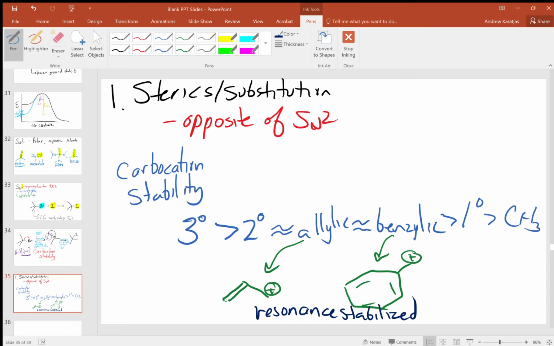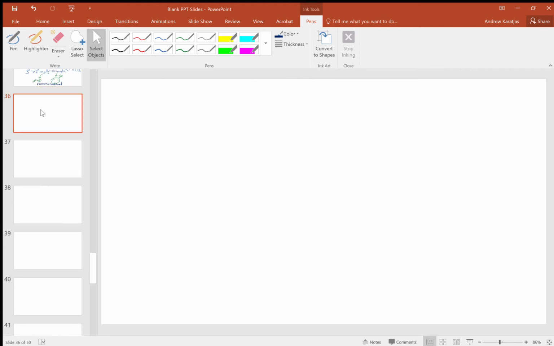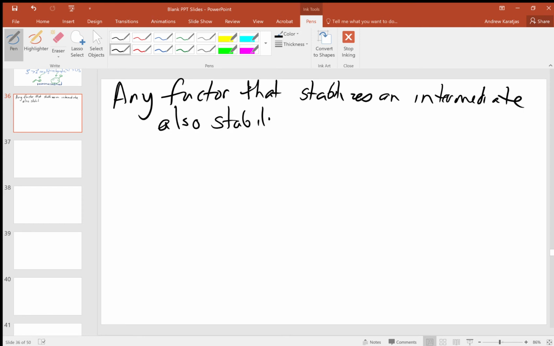So why does this matter? Well, recall that we've said any factor that stabilizes an intermediate also stabilizes the transition state.